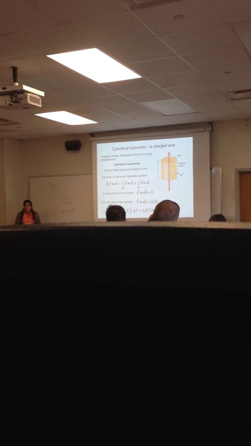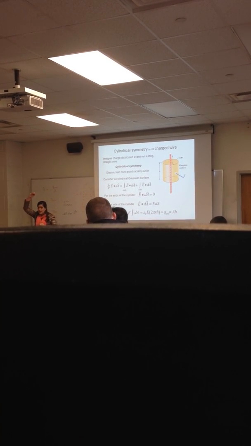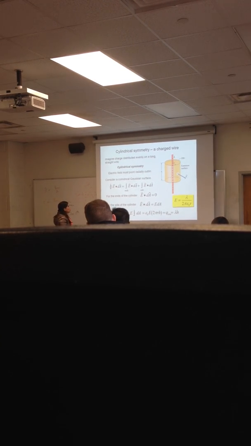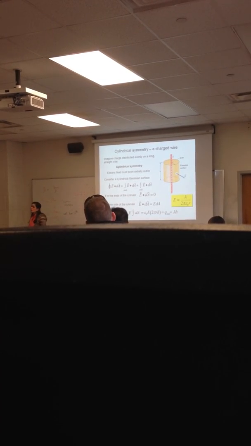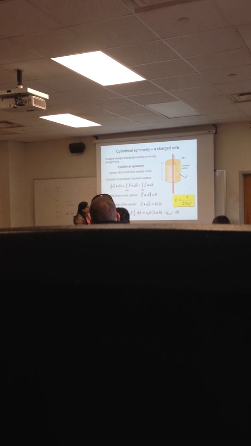Well, the length that my Gaussian surface is enclosing the rod, which is h, the height of my cylinder. So put all this together, solve for the electric field in terms of lambda, and this is the expression that you get: lambda over 2 pi epsilon naught times little r.